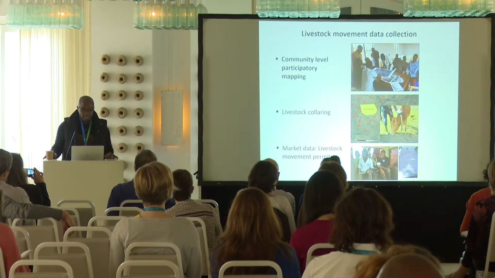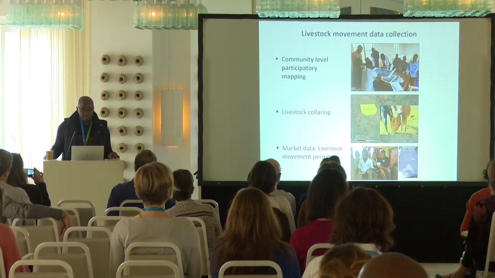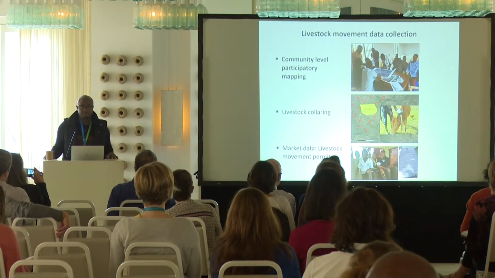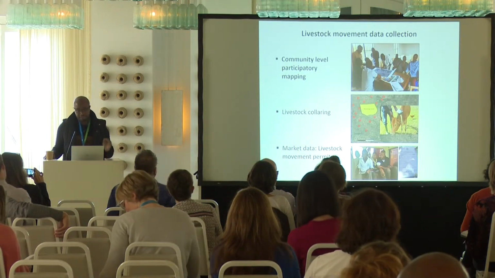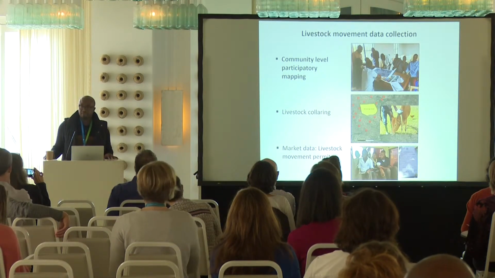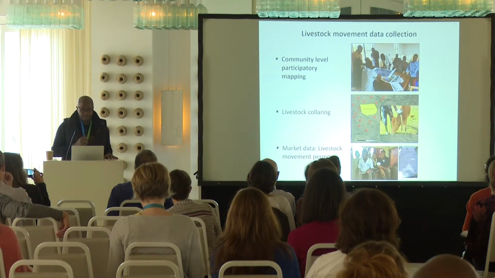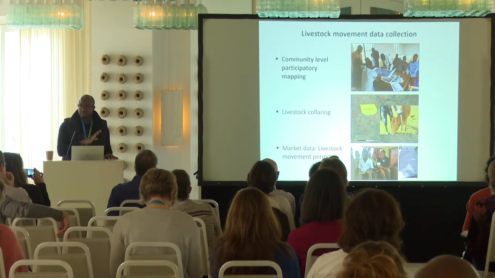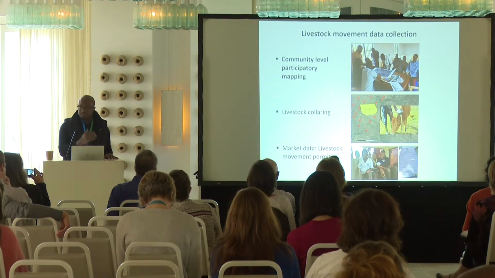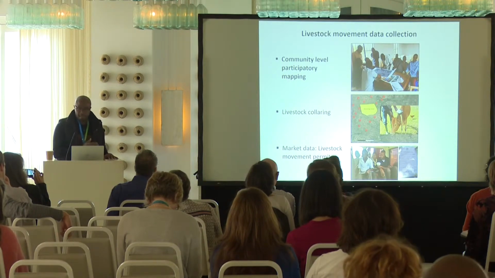So how do we collect the movement data? We have three field activities which are currently going on in the field. The first is the community participatory mapping, which I'll be talking to you about in detail, because that's the data I'm presenting today. However, we also have the GPS collaring, which is feeding onto the information generated from the participatory mapping.